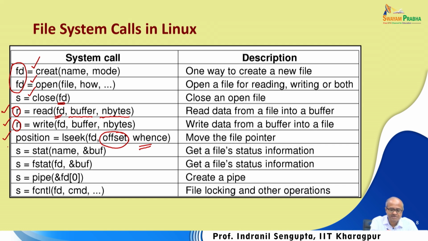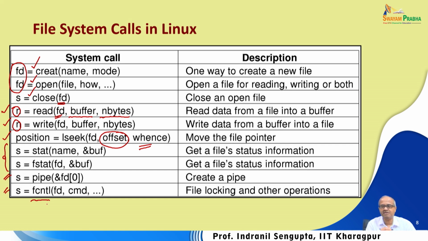Then you can get the status information about the file using two commands, stat and fstat. Two versions are available. Then this pipe you have already seen, you can create a pipe, and you can set some options on the file by using the fcntl command.